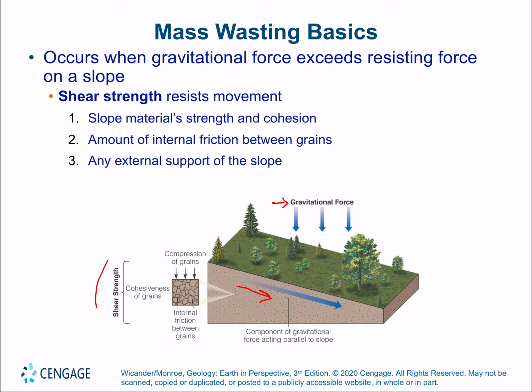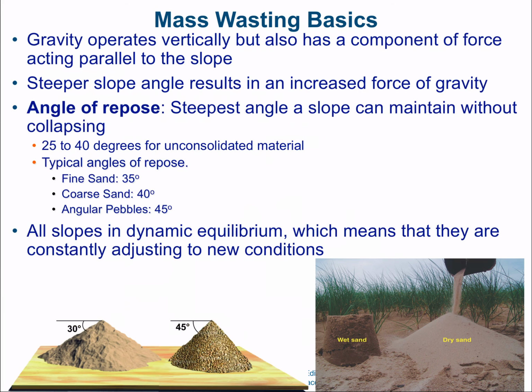Then look at the shear strength. You're looking at how the grains are compressed, and at the internal friction. Notice that these grains shown right here are touching. So both of those things refer to the cohesiveness of the grains.